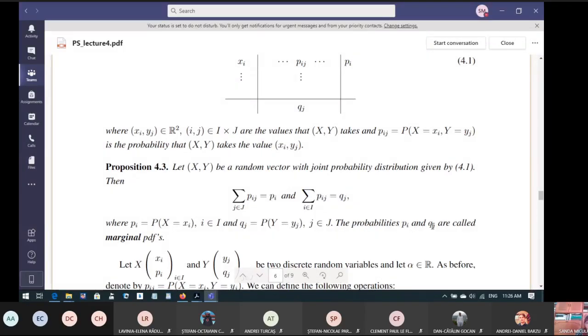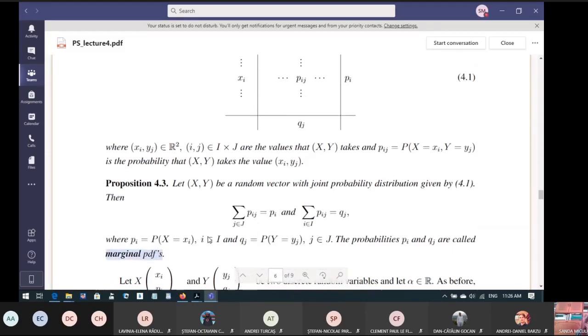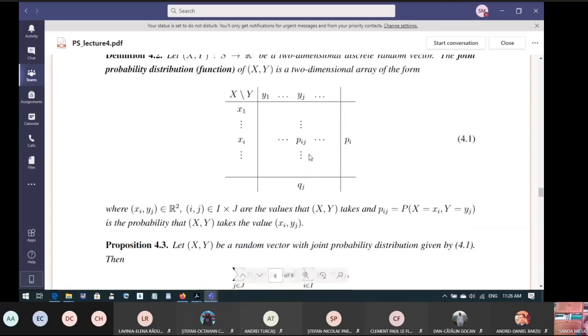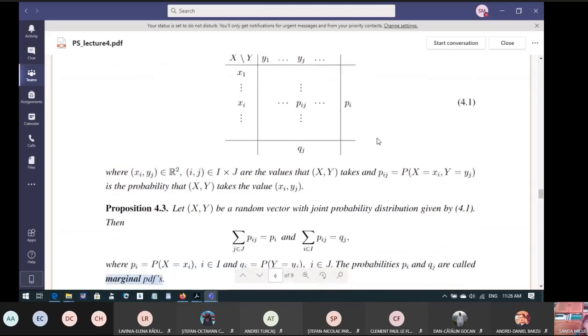And when obtained like this, so we obtain the PDF of X, the PDF of Y from the vector (X,Y), then these are called marginal PDFs. And you can see right away where the name comes from, right? We get them on these margins, the margins of the table of the PDF.